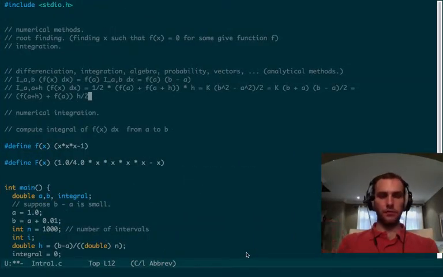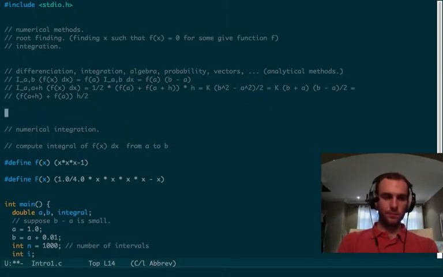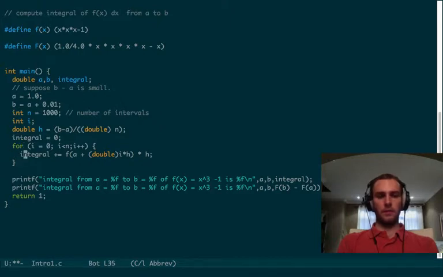What's the takeaway message from this? Well, in our picture here, instead of doing it like that, we can simply take f of a plus double I plus 1 times h.